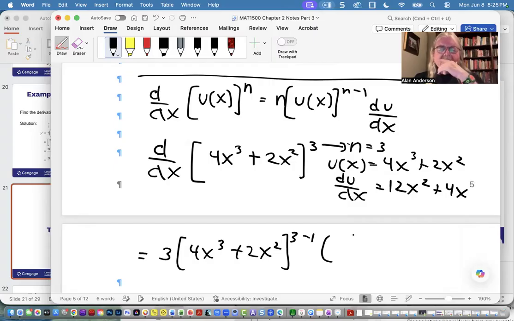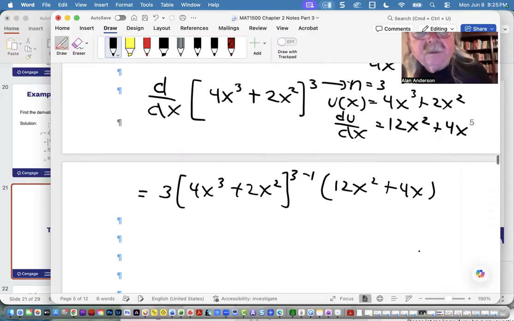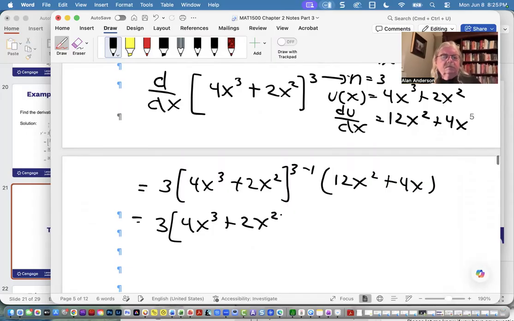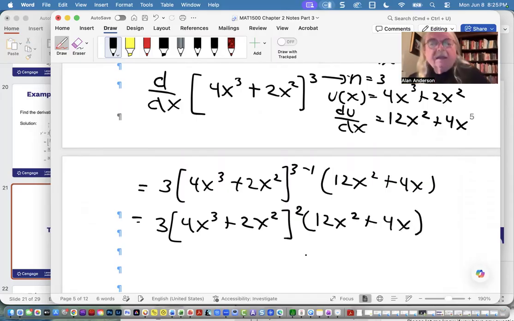And then that all gets multiplied by du dx. So we end up with, and that, unless you want to multiply it out and simplify it, that's your answer right there.